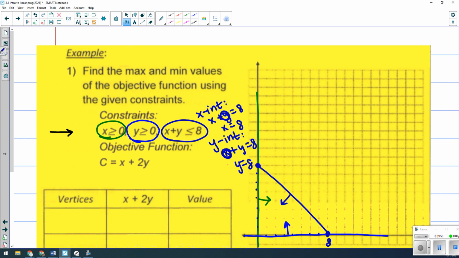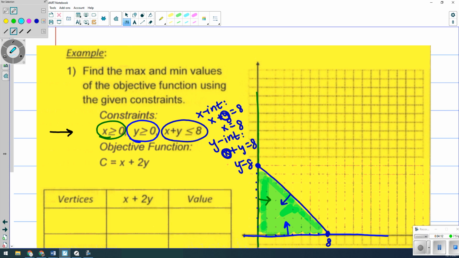And through my arrow pointing, it's really easy for me to identify that multi-shaded region, which we call the feasible region. I'm going to go ahead and color that in, kind of shade it in. So anything that lays in this multi-shaded region would solve this system of three equations. It would solve the system.